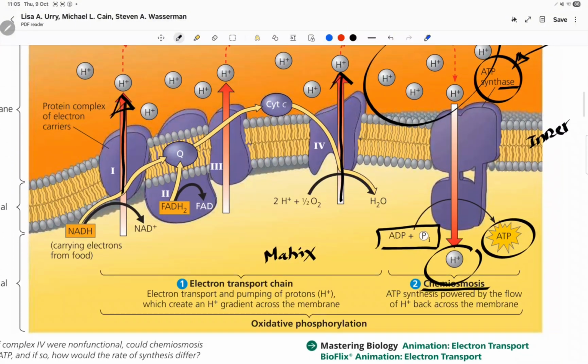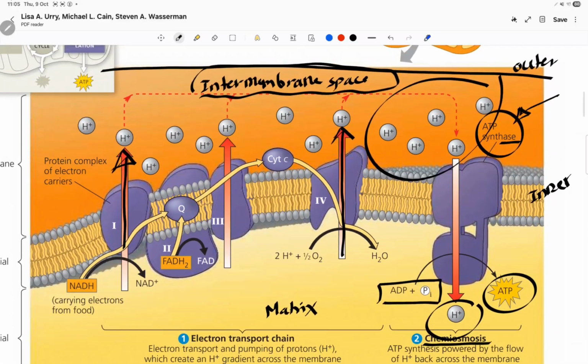So now what happens is ATP synthesis is going to occur on this enzyme. And again, this enzyme is only powered by the movement of the hydrogen ions from the area of high concentration to the area of low concentration. So ATP will be made in the last stage in a great amount.